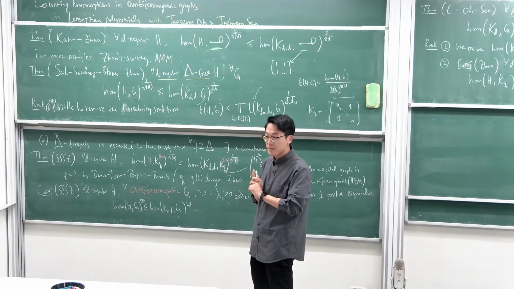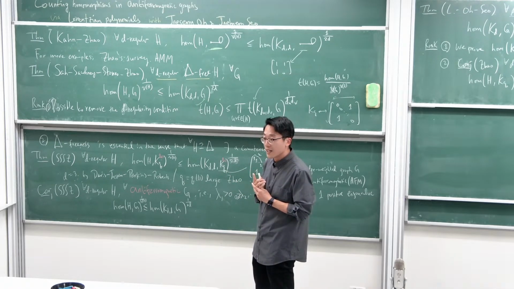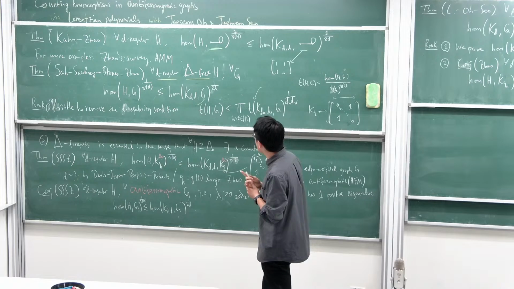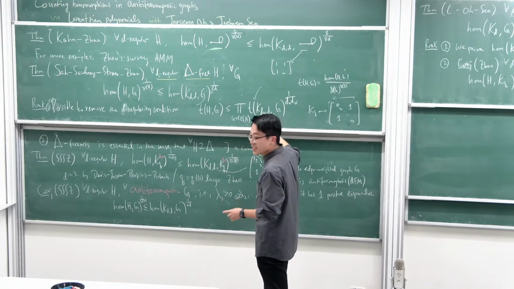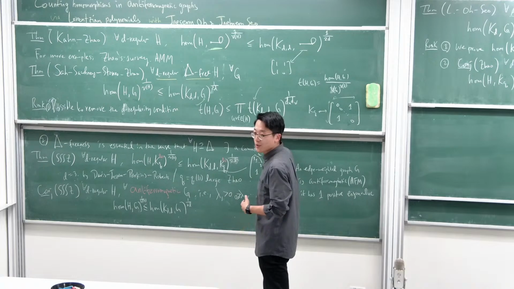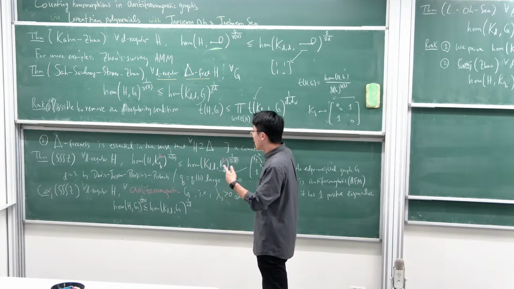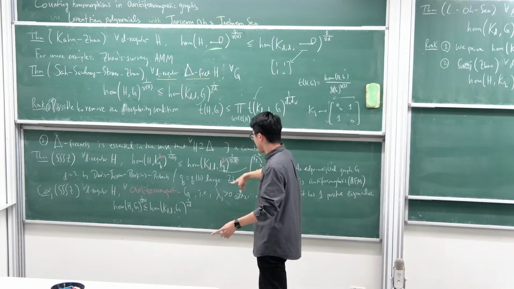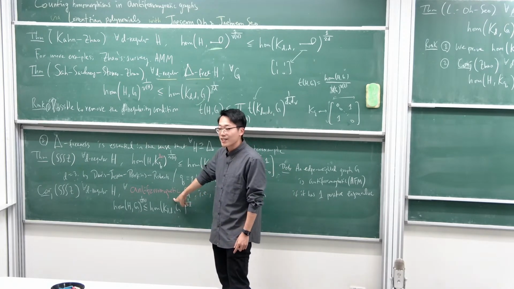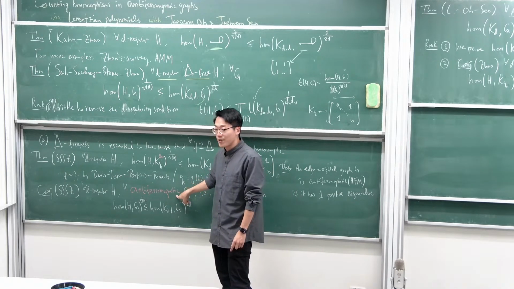Do you also have a graphon analog? Yes, as I said, once you pass to this version, then everything pretty much works for graphons. But if you pass to graphons, then the question would be what's the correct analog of this antiferromagnetism.